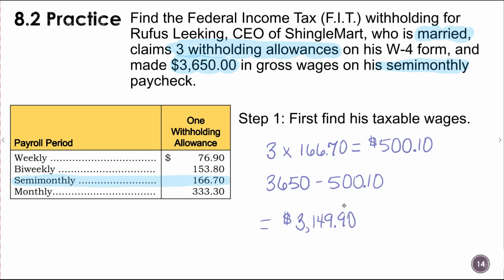Remember to pause this at any time that you want to stop and work something out and have a chance to see how it all works out. Okay, so we're going to use that number again, right? That's his taxable wages. Taxable wages right there.